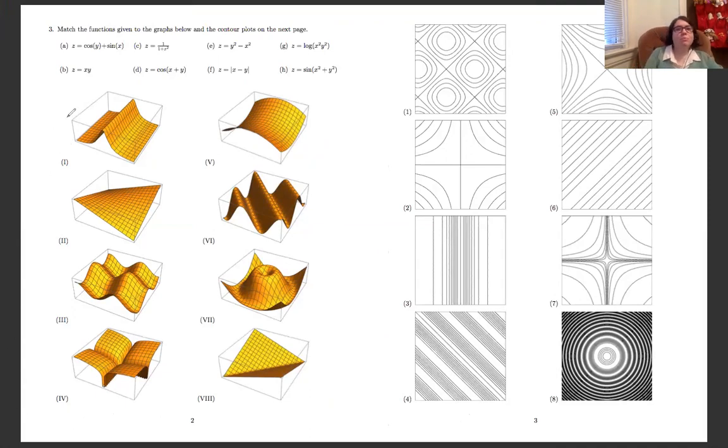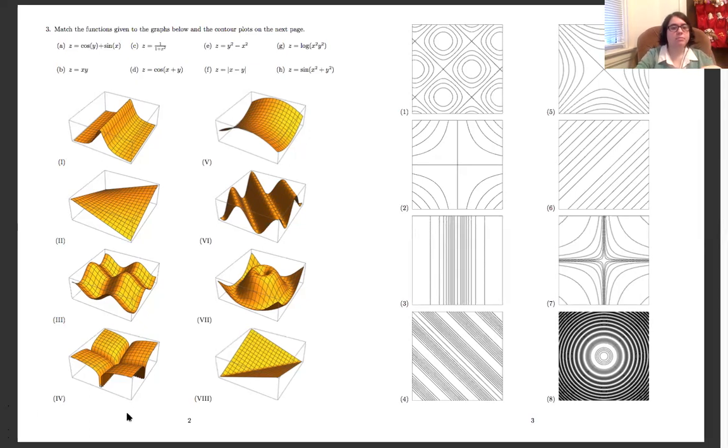And one more time, because I had already matched the graphs to the equations, I said that A, and now my stylus is not responding at all, so that's kind of fun. Come on now. There we go.